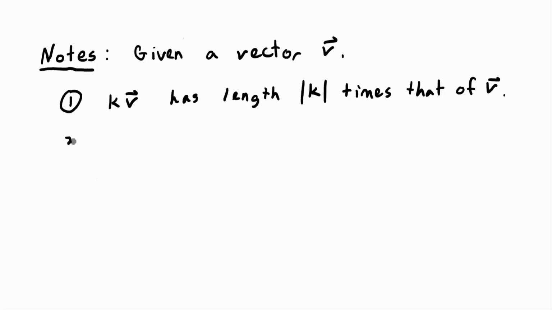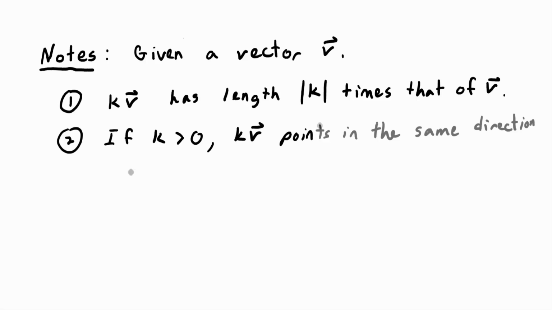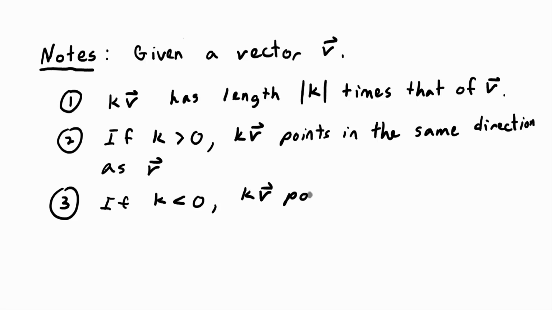And then we should say this: if K is greater than 0, K times V points in the same direction as V. And note number 3, if K is less than 0, then K times V points in the opposite direction as V.